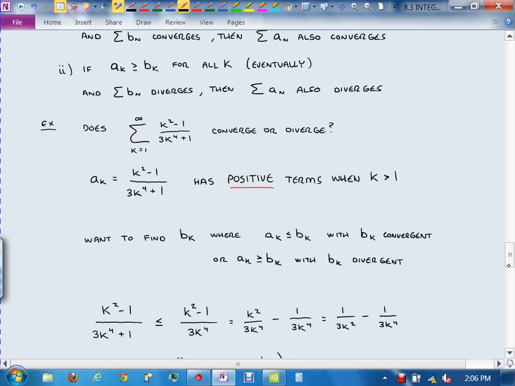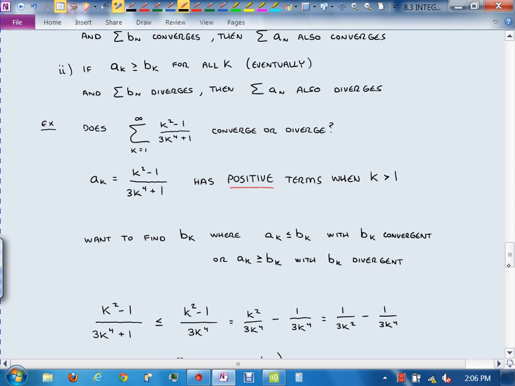This series right here, if I can show this sequence is smaller than something that goes to a number, I've got to go to a number. But if this is always bigger than another one, and that one goes to infinity, then I've got to go to infinity also, right? It's the hardest thing in these problems is coming up with that other sequence, because you got to reach into the magic bag and pull it out.